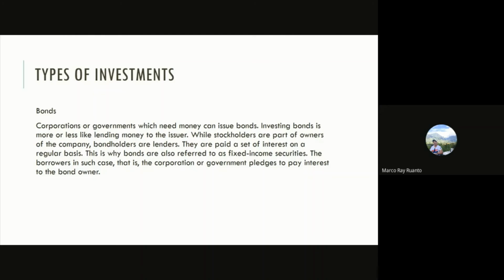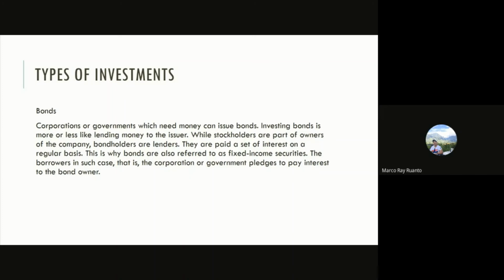So, as a return of investment, bayaran ka nila and they will give you a certain amount of money based on what you have invested.